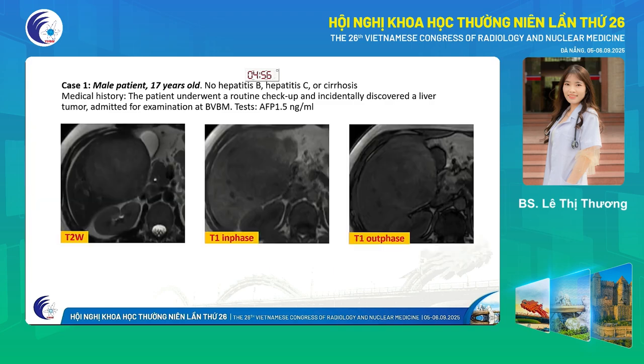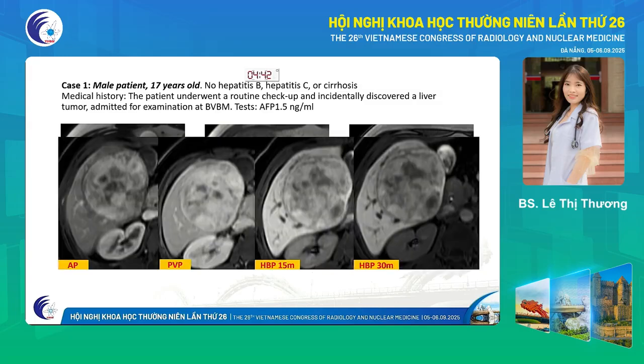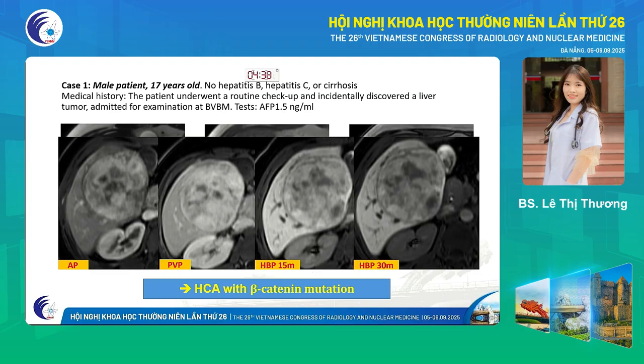And in MRI, this mass has heterogeneous signal on various pulse sequences. Primovist was retained in the lesion in the hepatobiliary phase at 10 minutes and 30 minutes. The patient underwent surgery afterwards, and the pathological result was HCA with beta-catenin mutation.